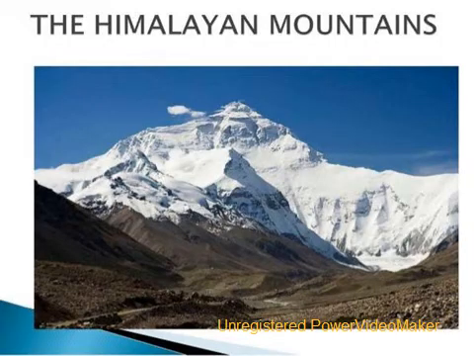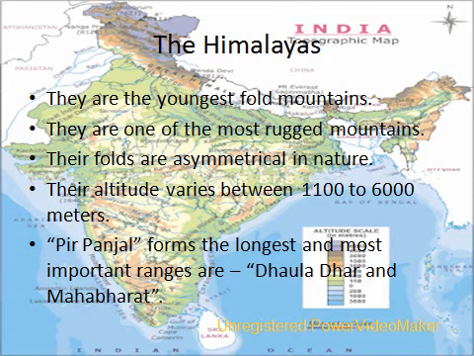This is a picture of the great mountain walls of India, the Himalaya. Himalayas are the young fold mountains of India, known for their high peaks and rugged features. Their folds are asymmetrical in nature and consist of 3 parallel ranges.